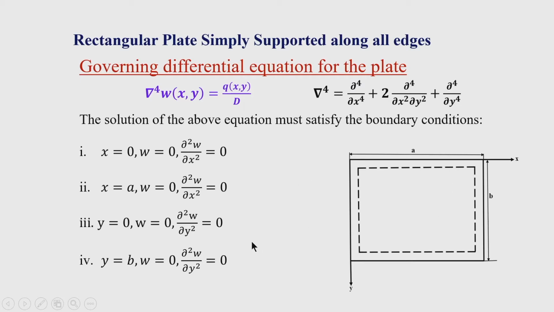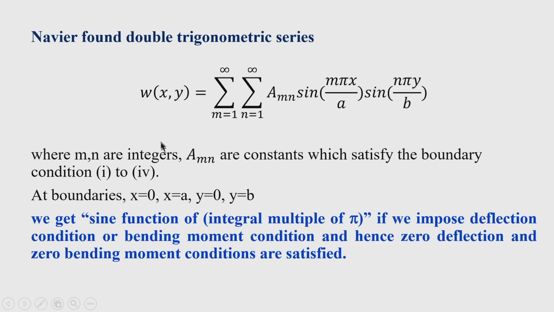So Navier has proposed that for such a condition, a double trigonometric series is the most suitable solution of the differential equation. You can see w is equal to the double sum of A mn sin m pi x by a sin n pi y by b, where m and n are integers and this is an infinite series.